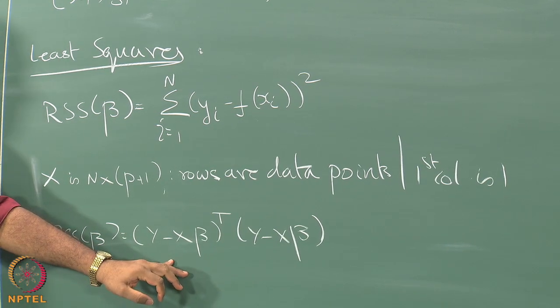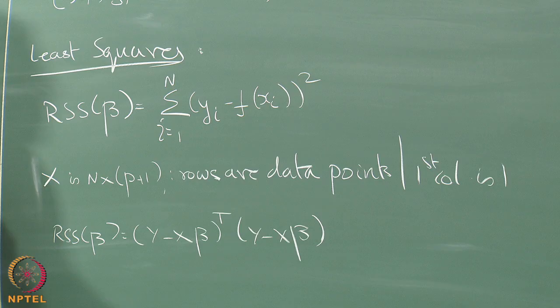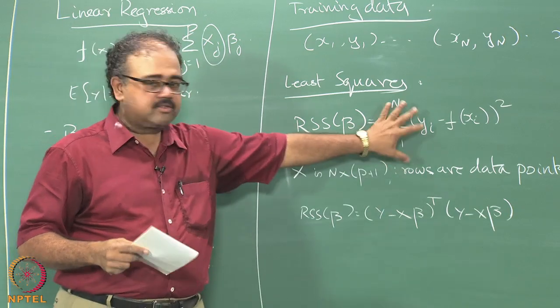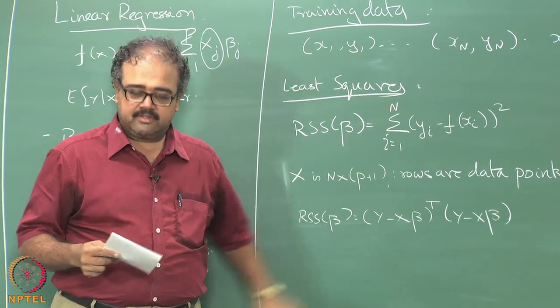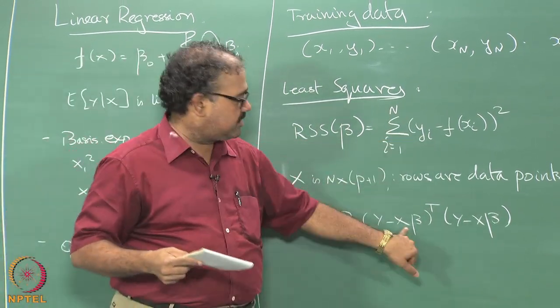So I can write it like this in matrix form. If you think about it, that squared thingy there becomes this, because f of x now becomes just x beta.